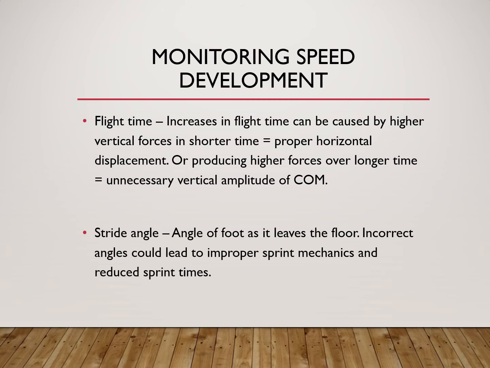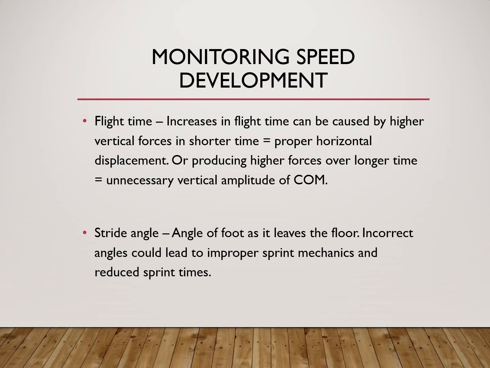And then finally, one of the other things we can measure is stride angle. What's the angle of the foot as it leaves the floor? If we get incorrect angles within the placement of the foot, maybe too flat-footed on placement, or too much on the toes, that can lead to improper sprint mechanics, not an effective or efficient application of force into the ground, and that will translate into a reduction in sprint times.